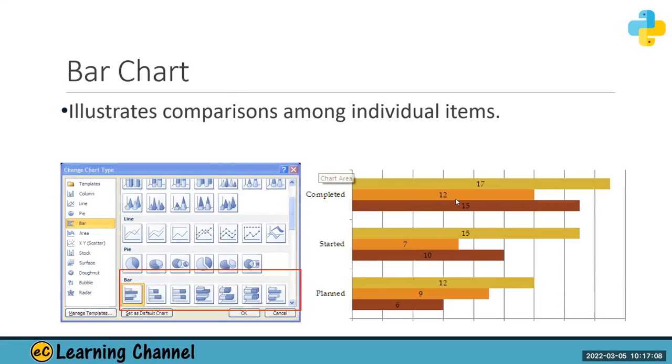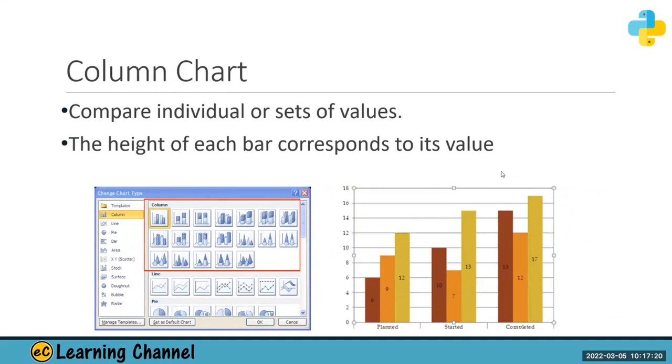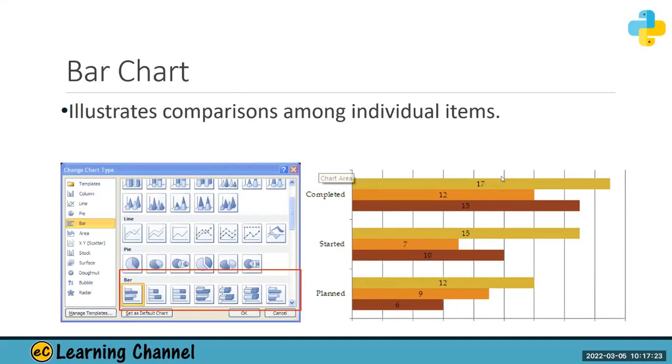Next one, Nathan. How about this horizontal chart? You can also compare things. And the difference between vertical and horizontal? It's just like the axes are switched. Yeah, they are switched, but when you put it vertical, what kind of sense does it give people?